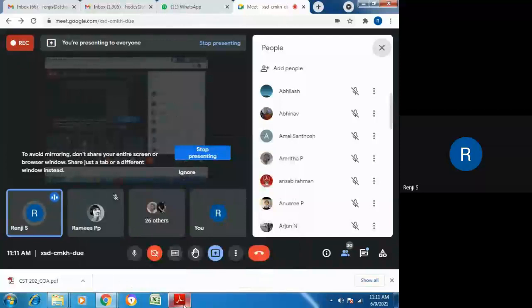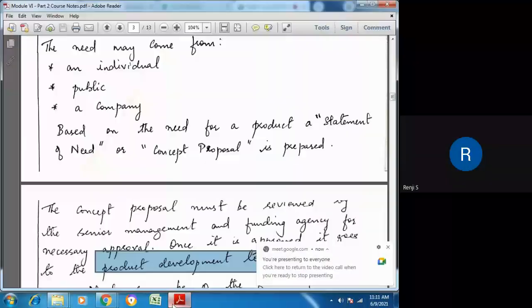So first, there should be a need for a product to be developed. A need can arise from an individual, the public, or a company. Whenever a need arises, we have to document it on a sheet of paper as a statement, and that is called the statement of need or concept proposal.